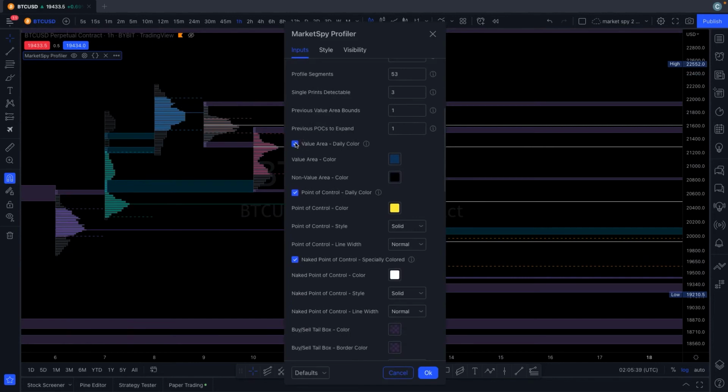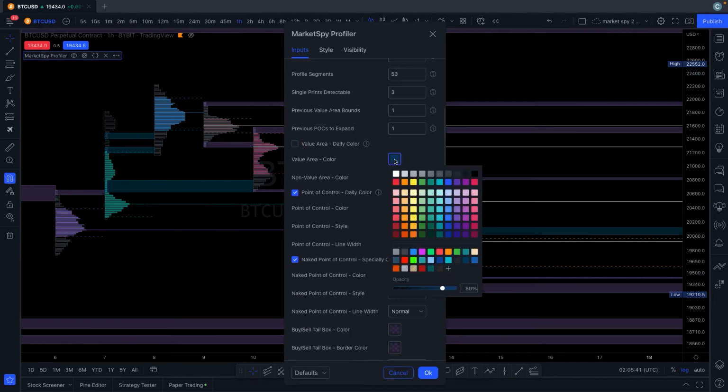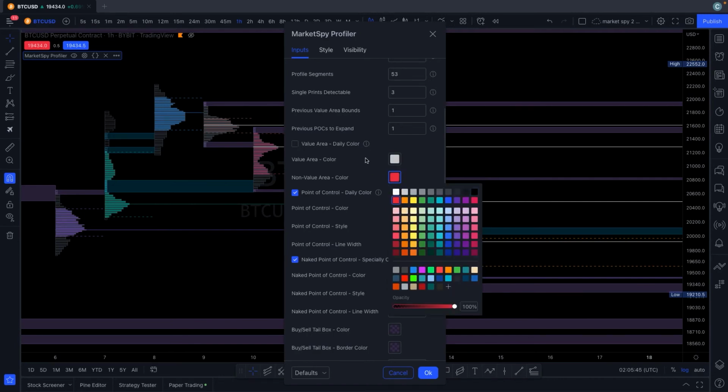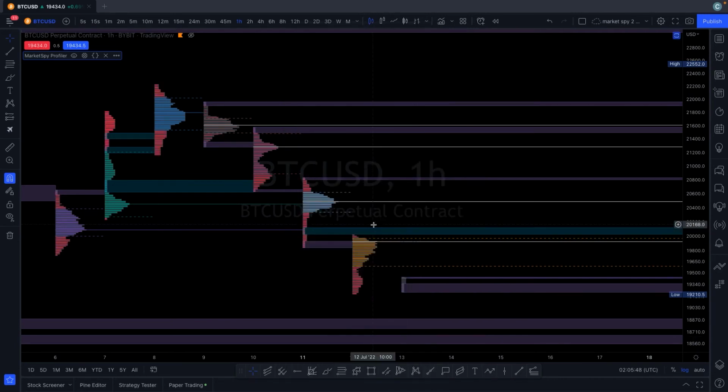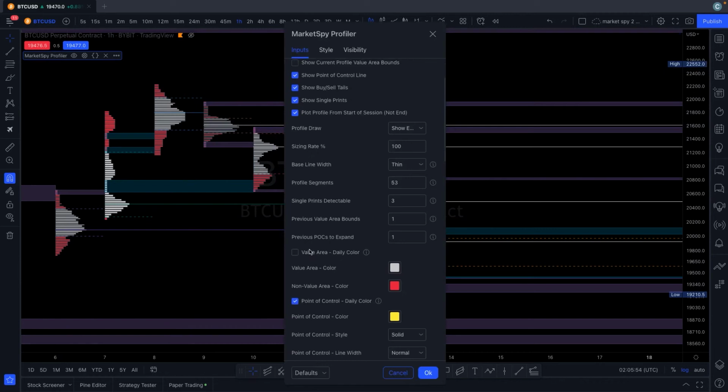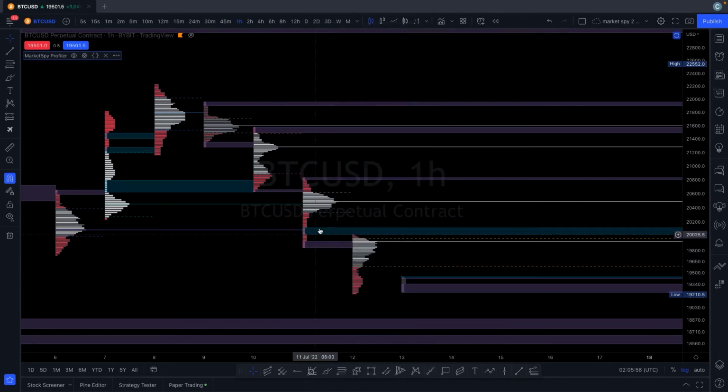And what you're going to do is you're going to come down here and pick a color. If you like all of your profiles the same, you just, again, in your settings, value area, you uncheck that and you make it anything you want. So if you guys like a single colored profile, the option is there for you.